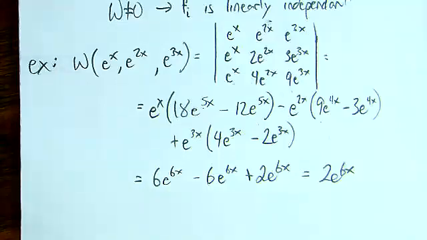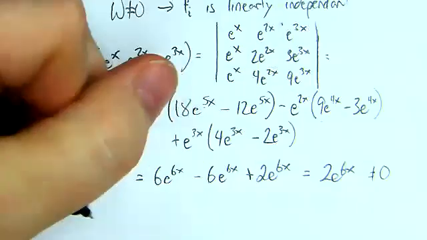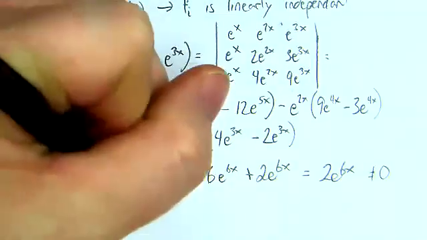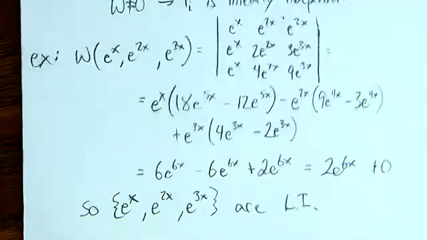E to the 6x, so we get 2e to the 6x. So here we get that this Wronskian is not equal to 0, and so this set of functions, e to the x, e to the 2x, and e to the 3x, are linearly independent.